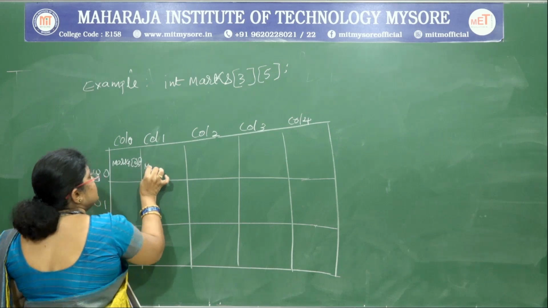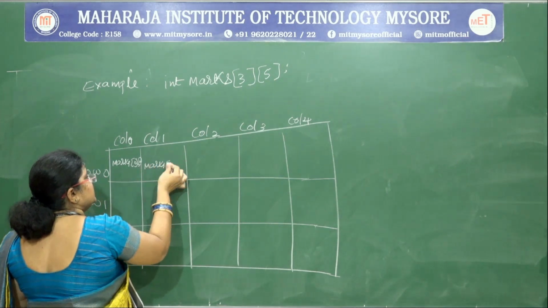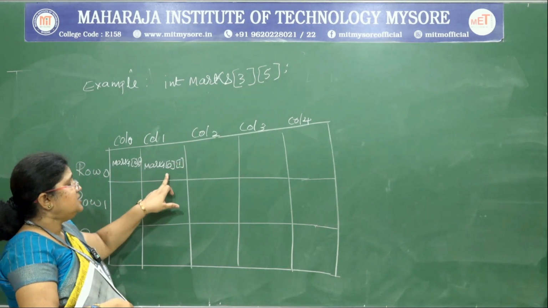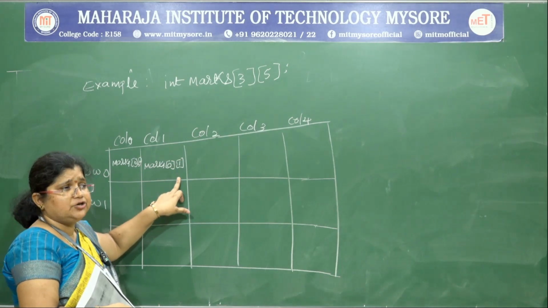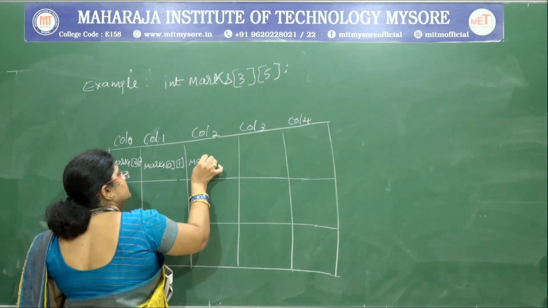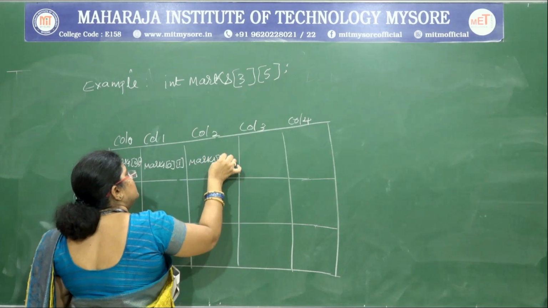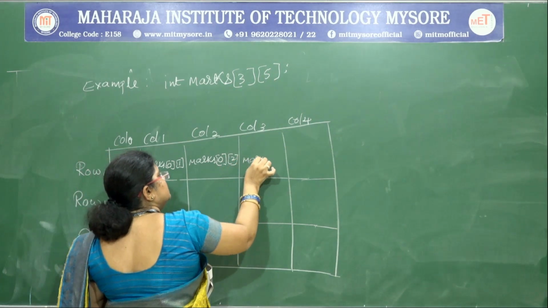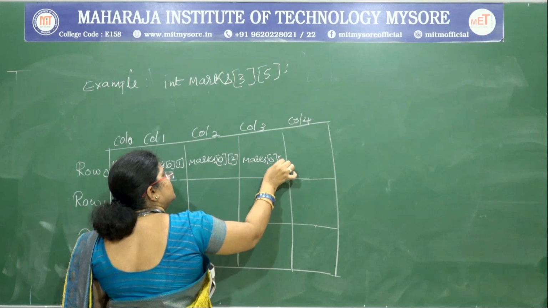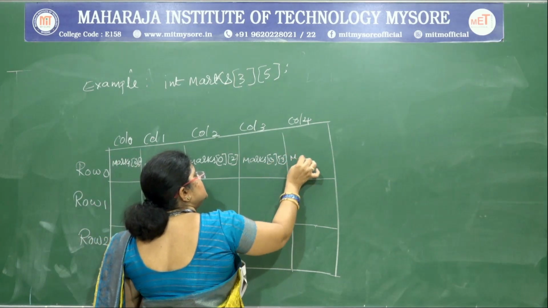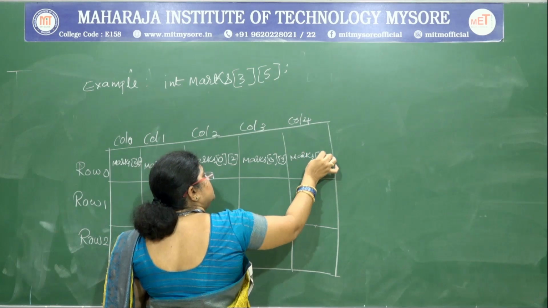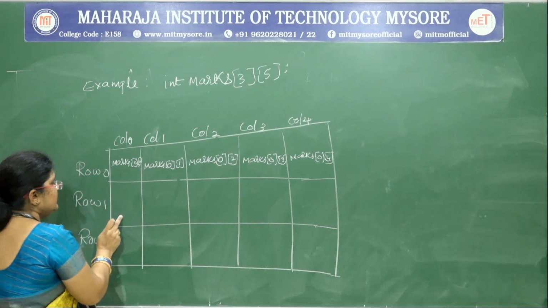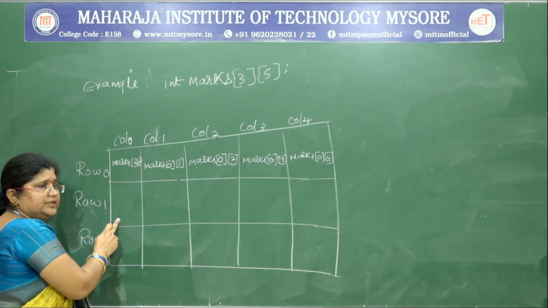Next, marks[0][1], the 0th row, first column. Next, marks 0th row, second column; marks 0th row, third column; marks 0th row, fourth column. In the same manner it continues, but the row is going to change here.